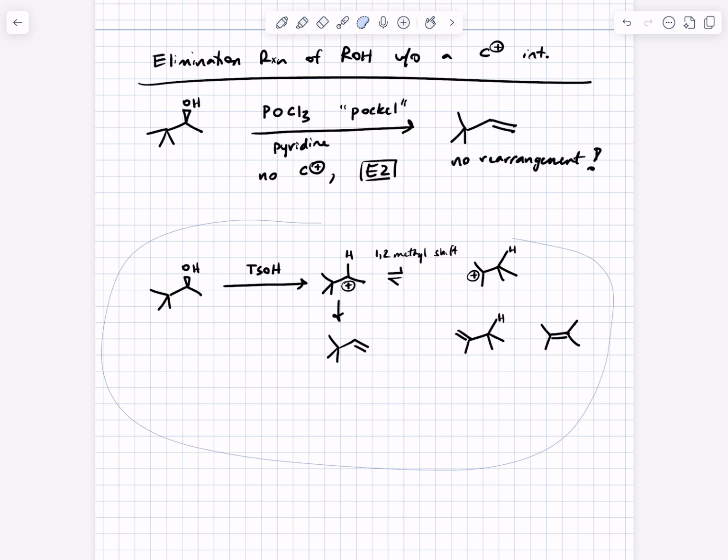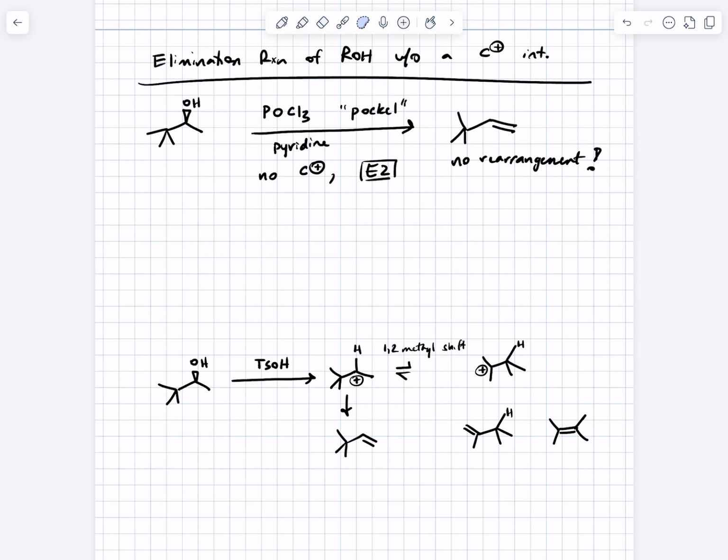Now, the strategy here is essentially the same as we saw before. POCl turns OH into a good leaving group. And if you want to see that mechanism, it is in your text. You're welcome to look at it. It doesn't help that much, but I often felt when I was a student that if I didn't see the mechanism, I didn't really understand what was going on. So I encourage you to look at it at least.